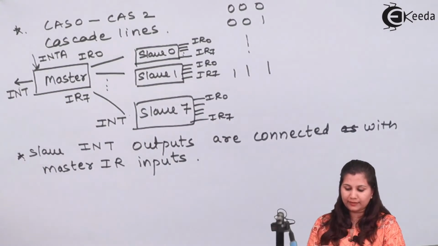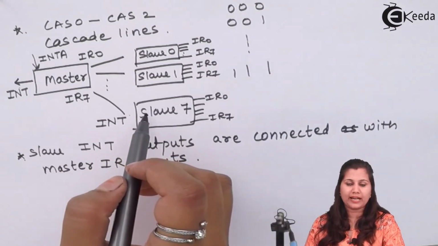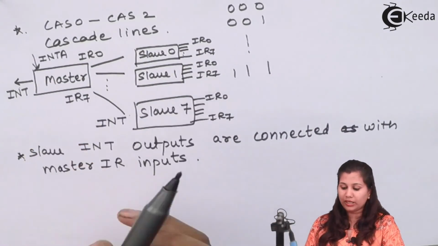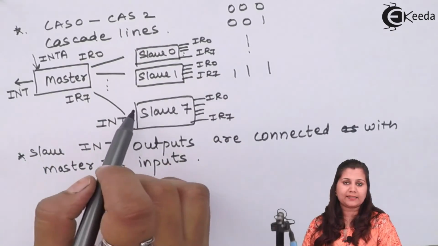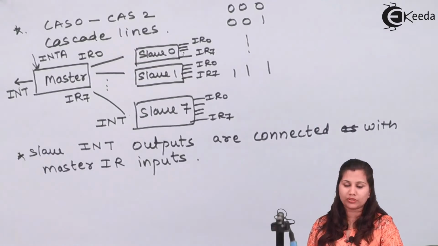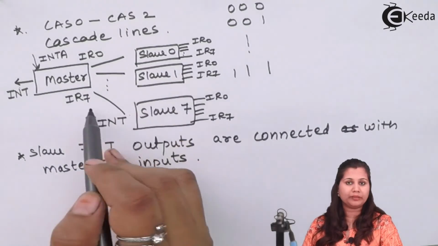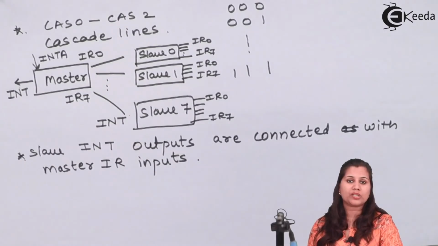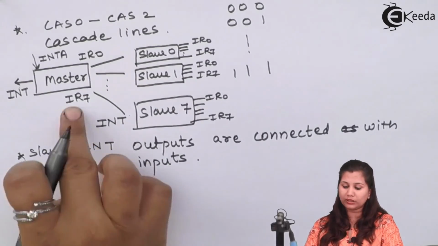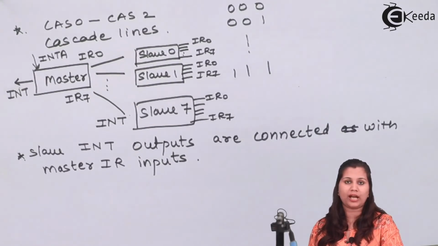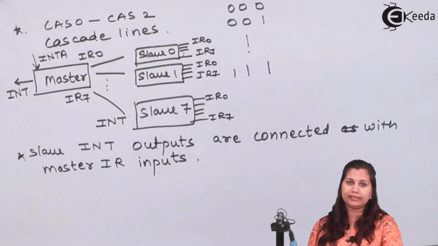So in this mode, we have various 8259 ICs which are working as slave or as master. Because these 8259 ICs can be programmed in different modes, separately they have to be initialized. Using the initialization command words, all the ICs have to be initialized independently, and the various modes of operation for each IC have to be separately given.